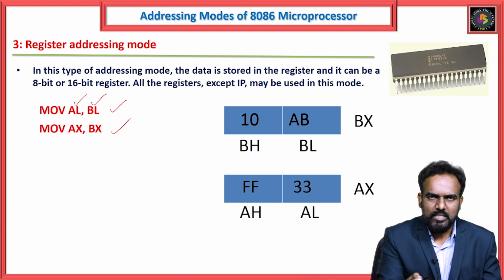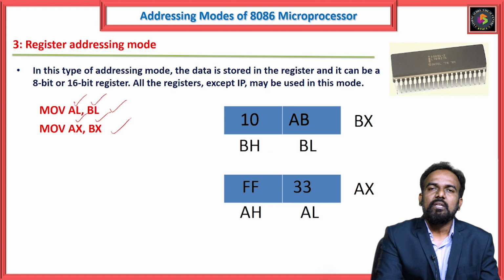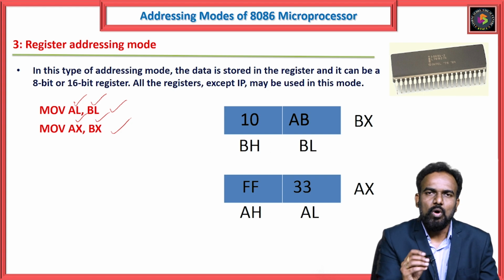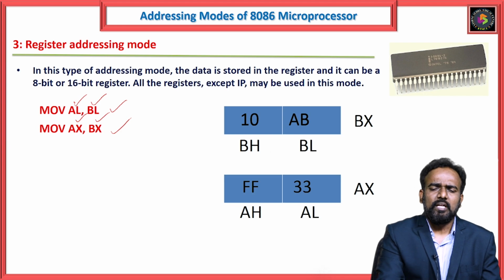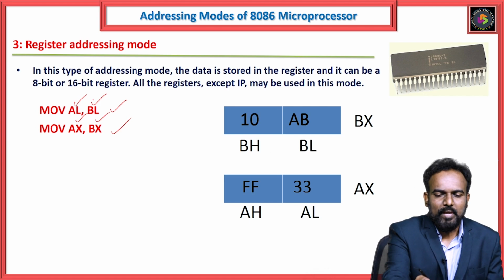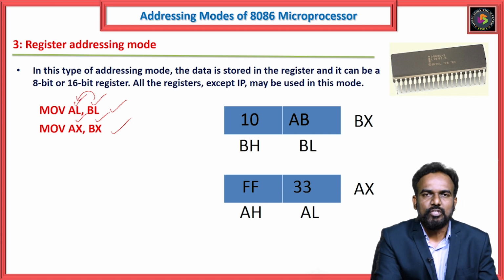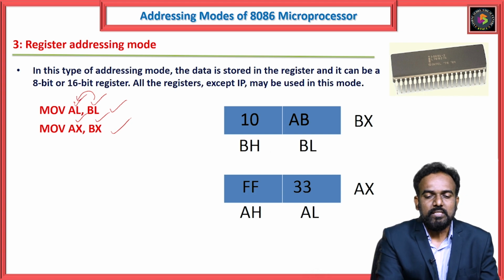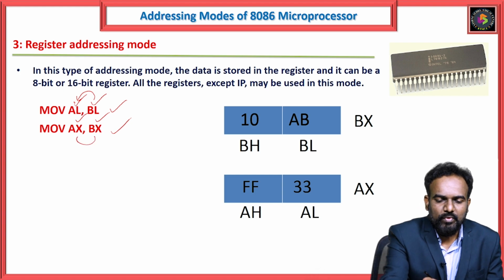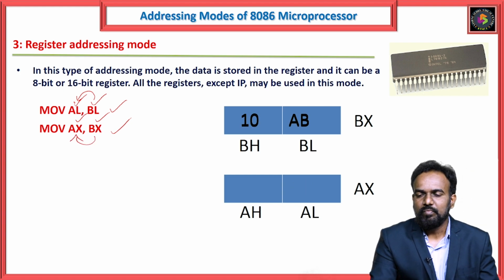If that is a 16-bit operation, AX and BX are the 16-bit registers. The 2 operands must be 2 different registers. Whenever we write MOV AL, BL, the BL value is moved into the AL register. If you write MOV AX, BX for a 16-bit operation, the BX content is moved into the AX register. We can check this with the animation here.